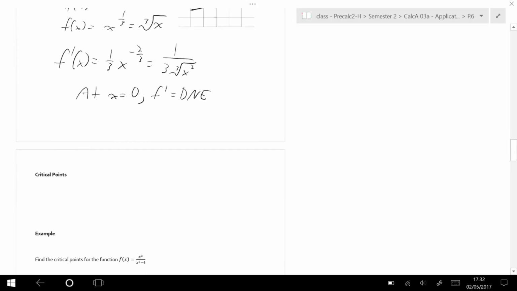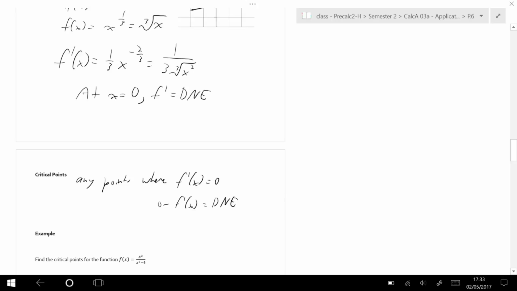Now, we also have something we call critical points. Critical points really are any point where f prime of x equals 0 or f prime of x does not exist. So critical points are actually points on the graph. And if I want to generalize, even though f prime does not exist, those could be vertical tangents. It doesn't have to be, but it might be.